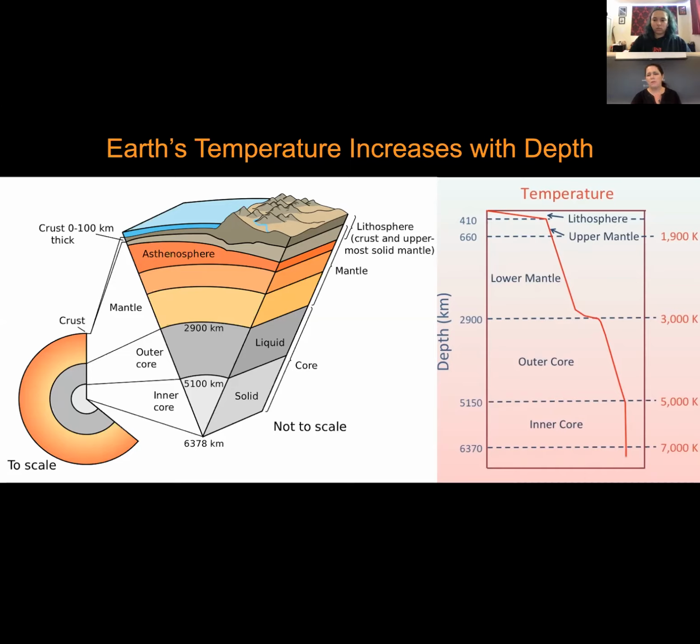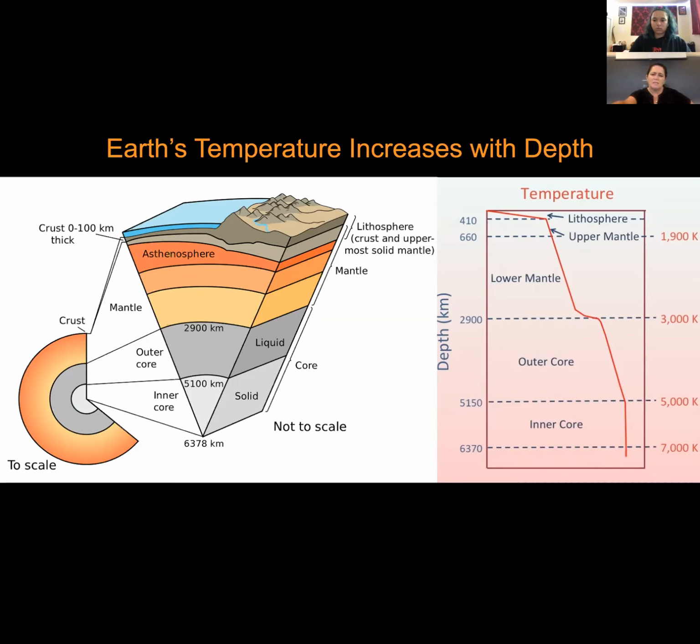I guess the point is to show how the heat increases rapidly. Sorry, I read lithosphere, but I was looking at the upper mantle line.